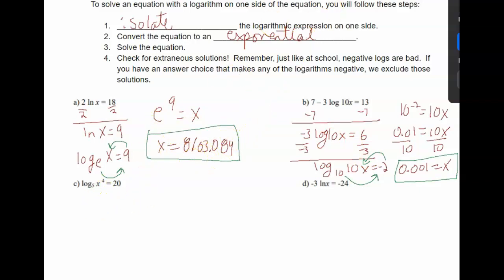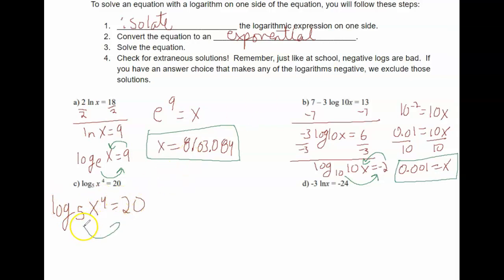If I look at example C, I can loop it as it is. 5 to the 20th equals x to the 4th. In other words, this is going to be a really big number. I'm not going to try to say it.